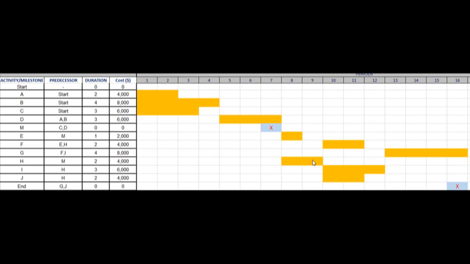I and J. Well, I'm not sure I have any float on H, because if A is delayed, that delays I, and G is dependent upon the on-time completion of I. So what is our critical path then?